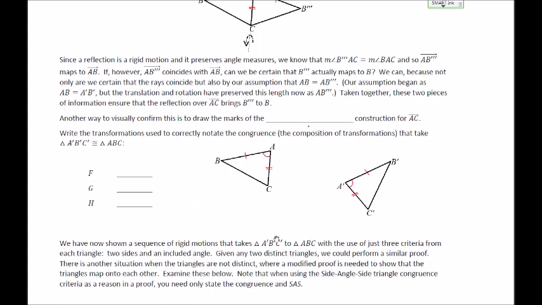And so that is a sequence of rigid motions that takes A prime, B prime, C prime to ABC with the use of just 3 criteria from each triangle. Now again, this proof was done generally with any lengths and any angle as long as the angle is in between the 2 sides. And so we can use this in a proof regardless of the lengths and the angles because we've just proved it generally. And that is the proof of the side angle side triangle congruence criteria.